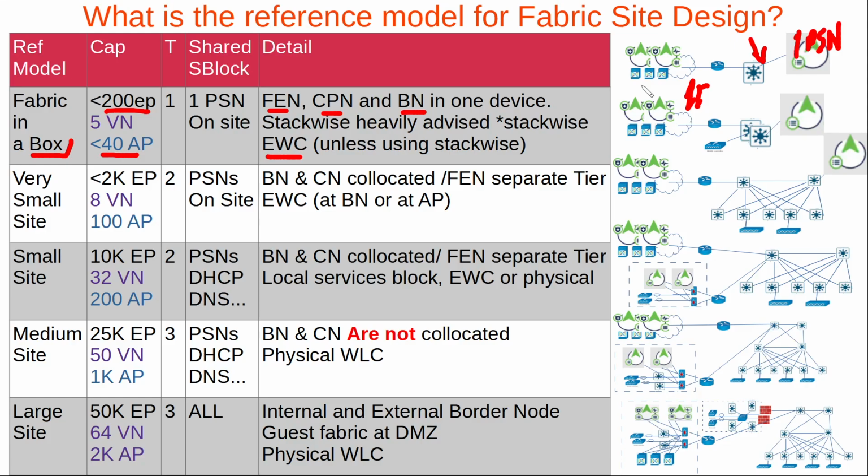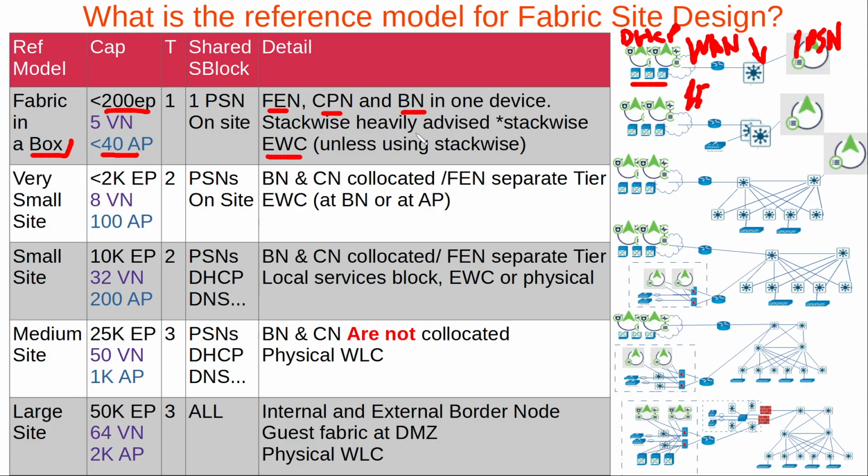For instance, you will need your Catalyst Center servers and the rest of your ISE personas being available remotely. So you will need a wide area network connection in order to reach them. For instance, your DHCP server can also exist there remotely. So that is fabric in a box.